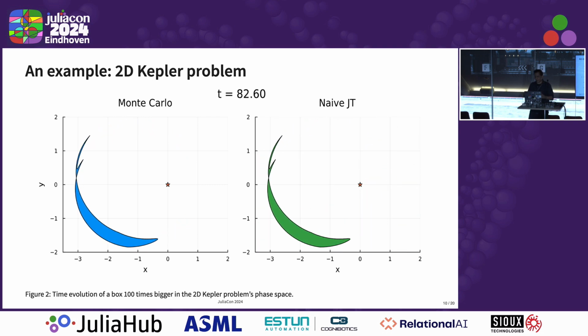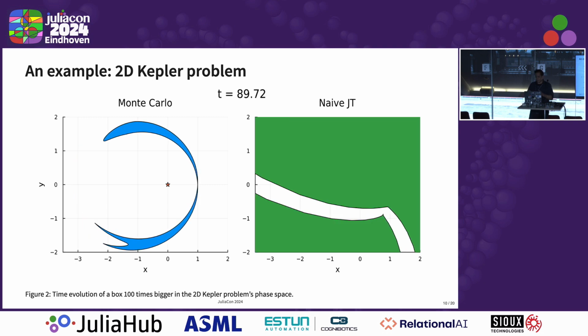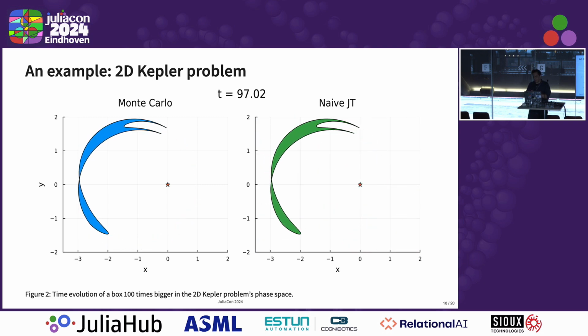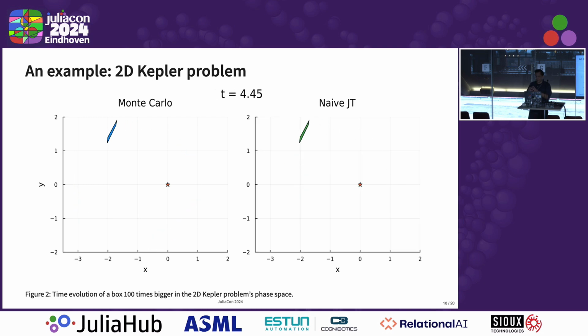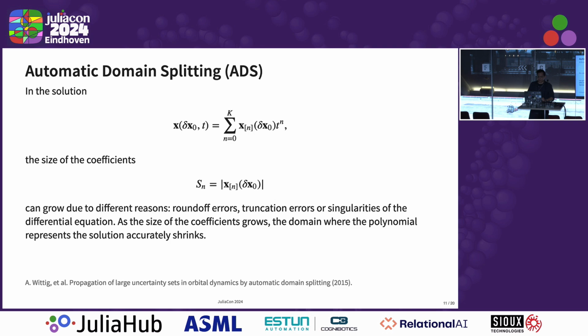So this tells us that we have already gotten to a point where the naive jet transport integration is propagating a bigger neighborhood than what our error control in jet transport can achieve, right? So, okay, in order to solve this, we have implemented automatic domain splitting, which Luis Eduardo is going to tell you about.